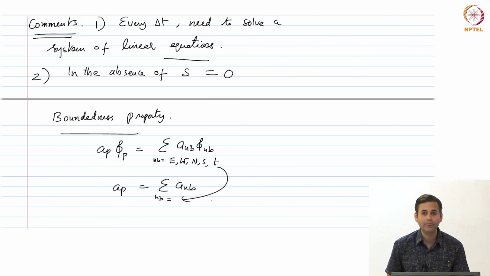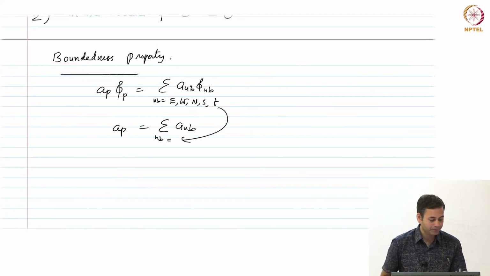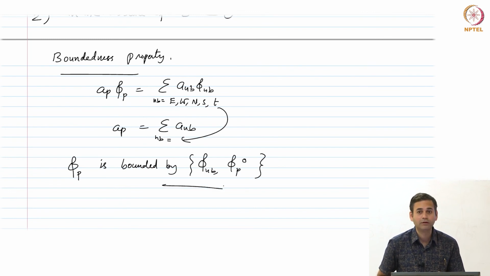So that means the coefficients all come out to be fractions of AP. A nb by AP will be what it comes out to be. That means phi p is bounded by phi nb and phi p0.